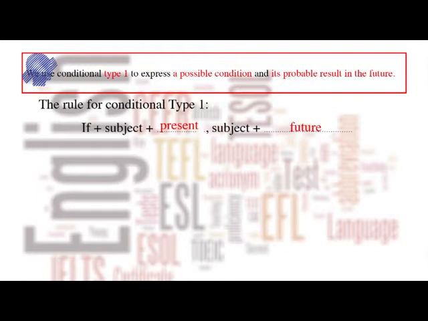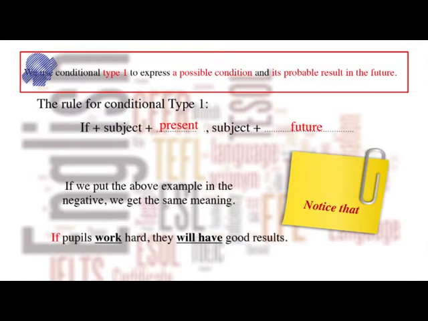Now consider this example. If pupils work hard, they will have good results. If we put this sentence in the negative, we'll get, if pupils don't work hard, they won't have good results. Now pay attention to this sentence.